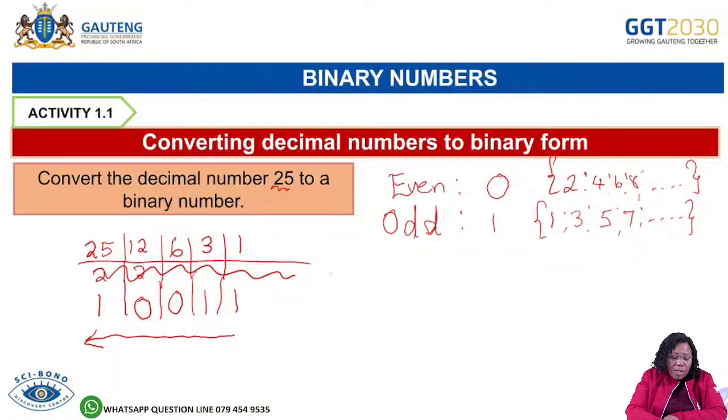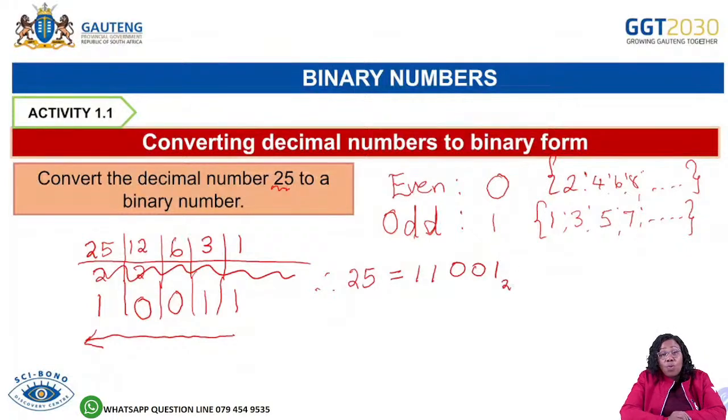So now we'll say, therefore, 25 decimal number will be equal to 1, 1, 0, 0, 1 base 2. Because we are writing this from right to left on your solution. I hope it is clear, grade 12. That is how we change your decimal to a binary notation.